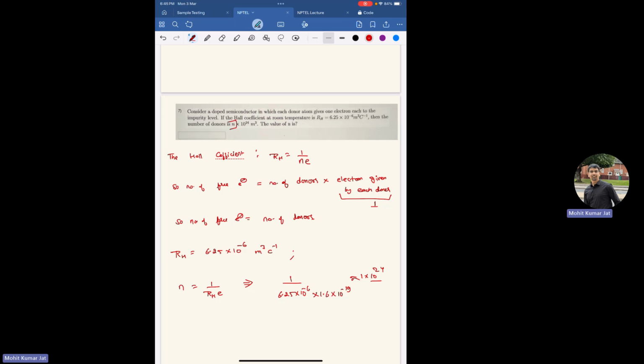So the question has n times 10 power 24 per meter cube, which implies n equals 1. So here the correct answer is 1.